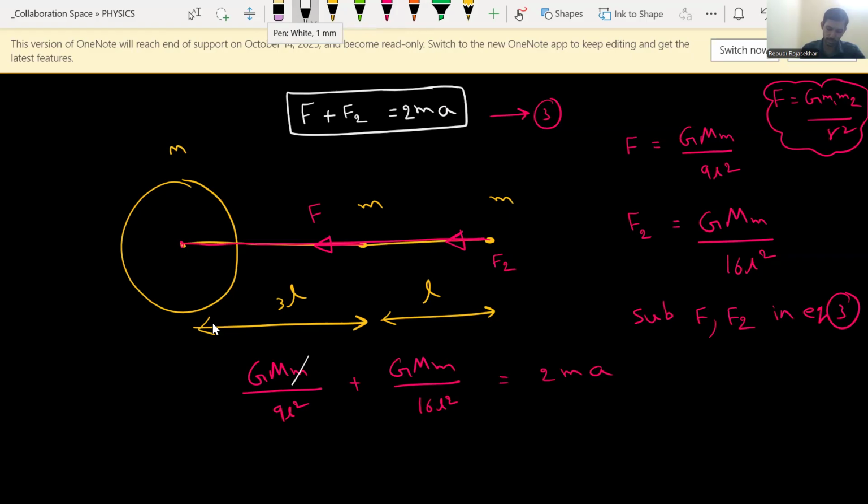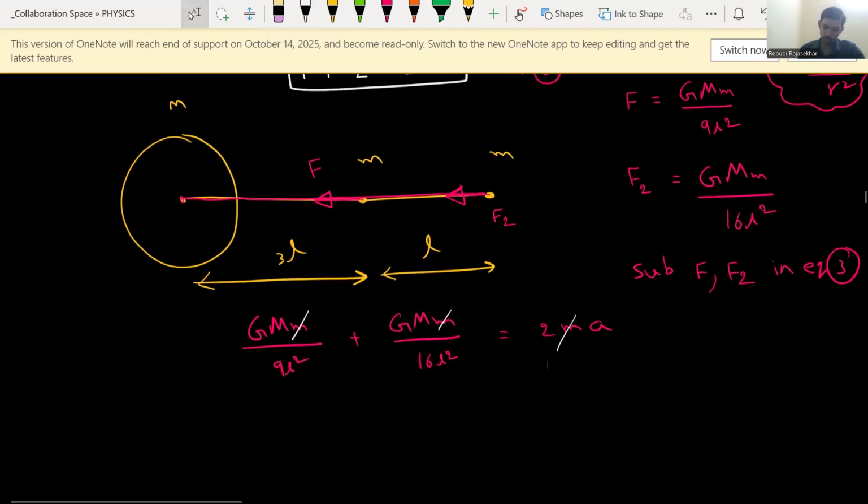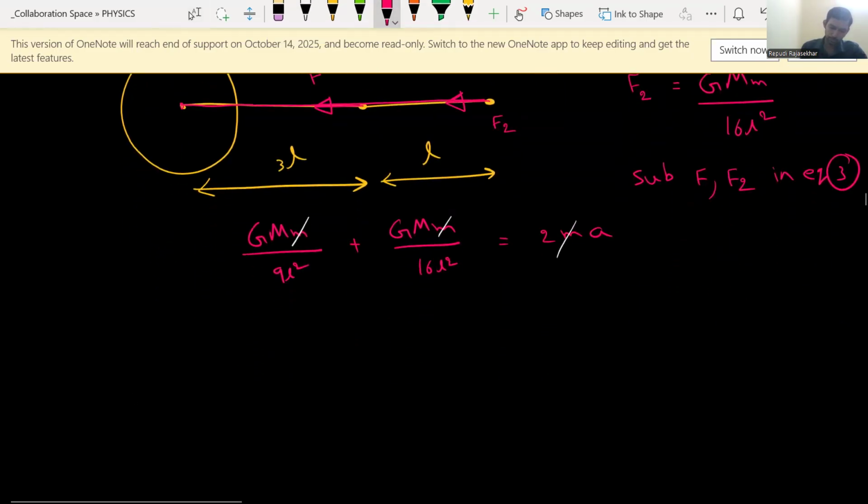Wherever small m is there, take it common and cancel. So for acceleration, 2A equals GM by L square common, taking GM divided by L square as common. What is left is 1 by 9 plus 1 by 16.